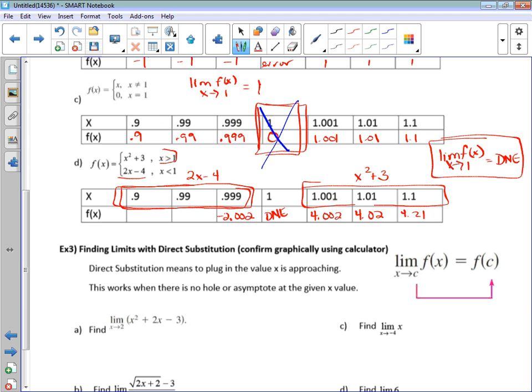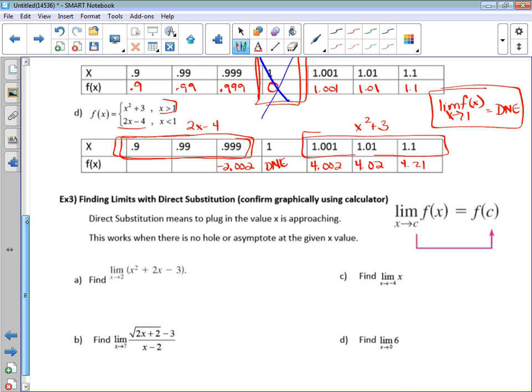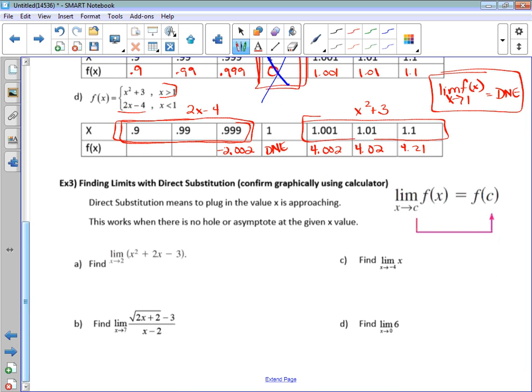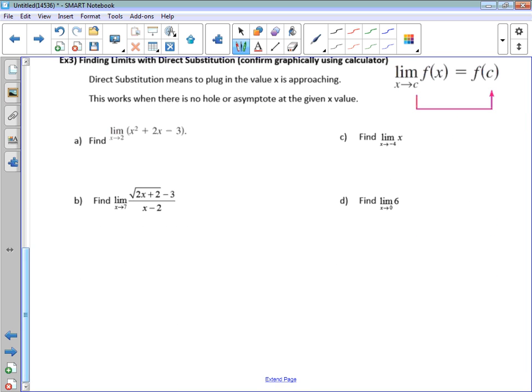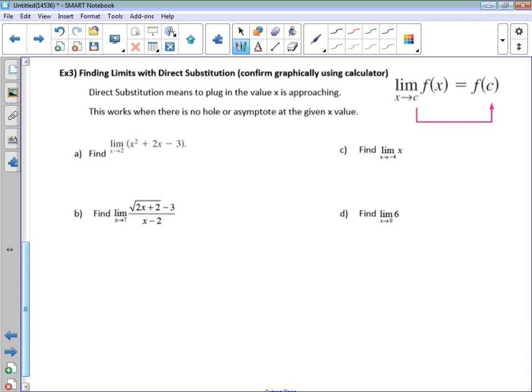All right, we're going to do some easier limits now. I don't know if you guys remember from pre-calc last year, this was at the end of the year, when you're doing limits as x approaches a number, your first step should always be just try to plug it in. If you can plug it in and you don't get an error or dividing by 0, the answer is the limit.